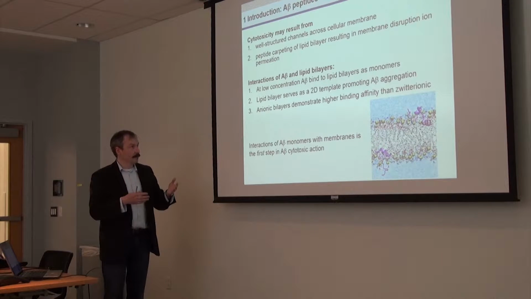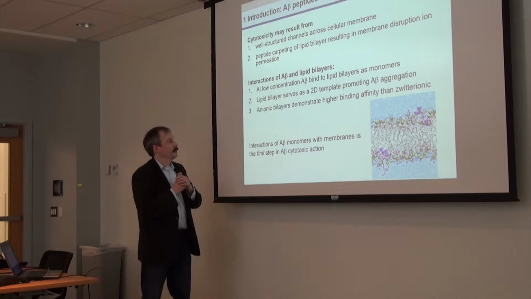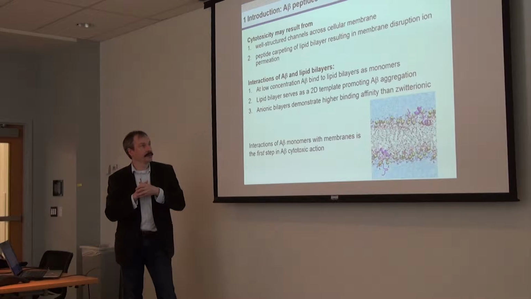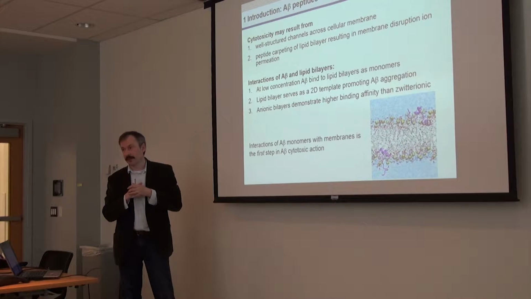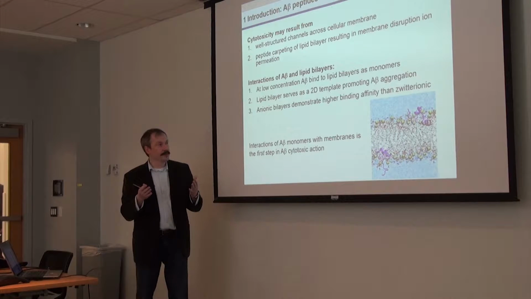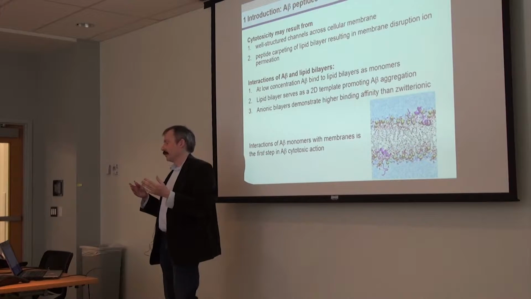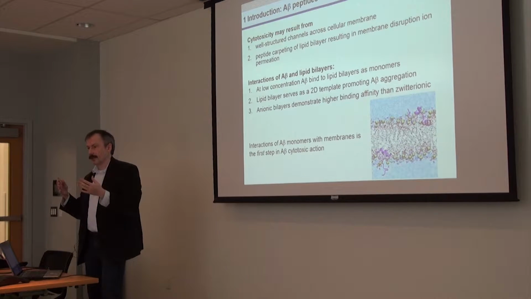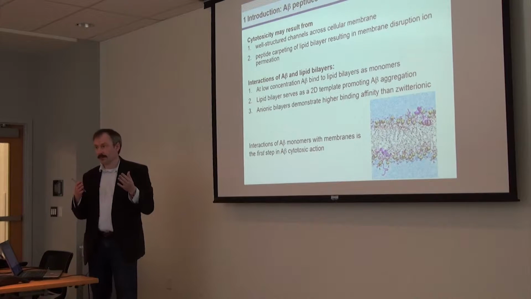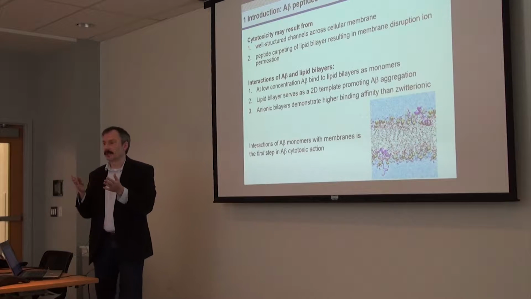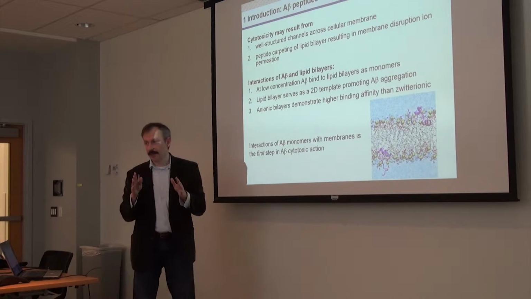Not surprisingly, over the last 20, 30 years there has been a substantial amount of experiments done on the interactions of A beta peptides with the bilayer. Generally speaking, it looks like at nanomolar concentrations A beta peptides interact with bilayers as monomers. By the way, the physiological concentration of A beta peptides is roughly in the picomolar range.